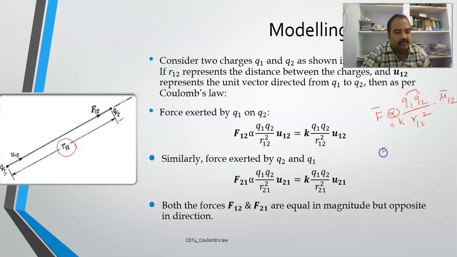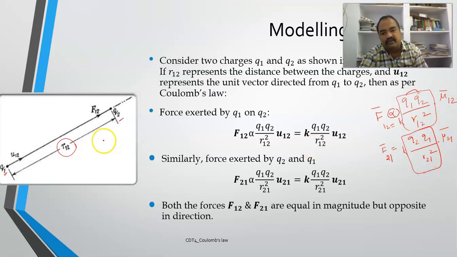Now let us suppose I want to determine the force exerted by Q2 on Q1. This is F12, F21. So it is K Q2 Q1 by R21 square into U21. If you see, both magnitudes are the same. The magnitudes are the same in both cases. The difference is the direction of the vector. U12 will be in this direction.